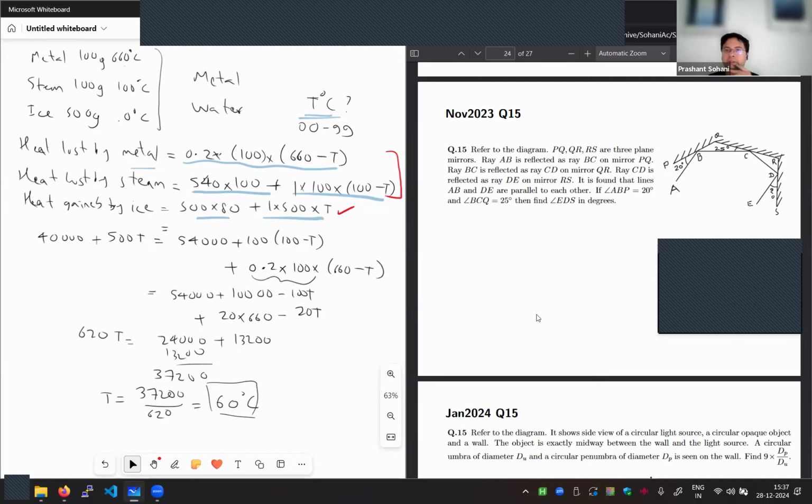So generally when you have questions on mirrors and things like that, they are not really physics questions. If you ask me, that is more like a geometry question. Like if you just look at this question 15, I'll give you 1 minute to think about this, but mostly it is just finding some angles and things like that.